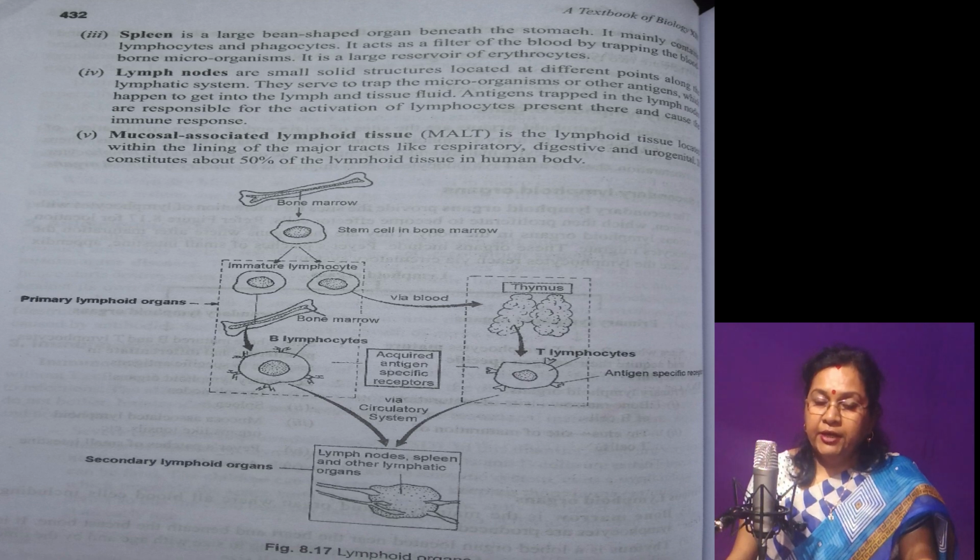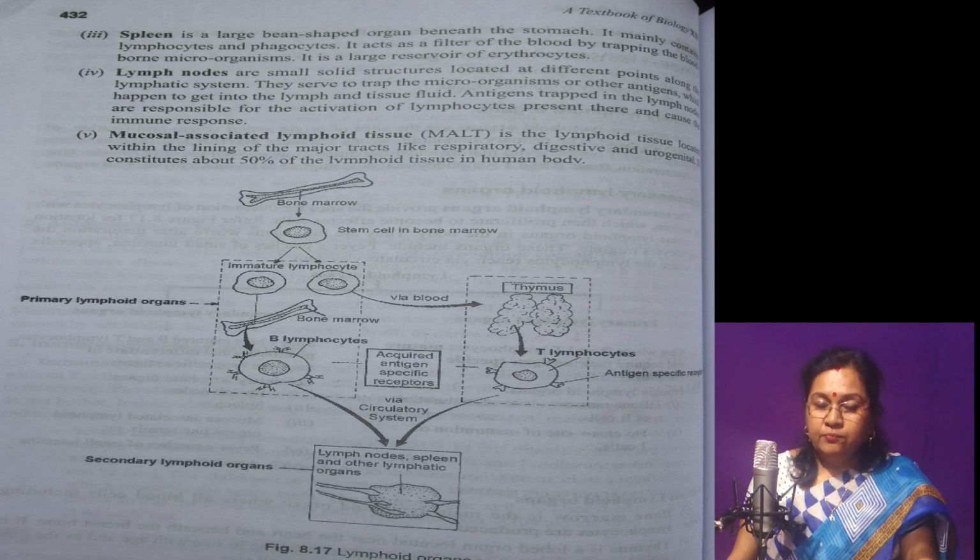Second is secondary lymphoid organs. After maturation of the lymphocytes, they migrate to the secondary lymphoid organs. These are the spleen, lymph nodes, tonsils, Peyer's patches of the small intestine, and appendix.